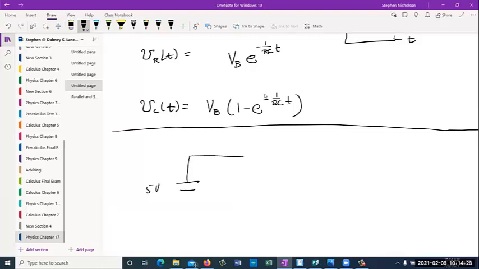We're going to have a resistor. We'll have a switch, like this. We'll have a resistance of, let's say, 200 ohms. And we're going to have a capacitor.